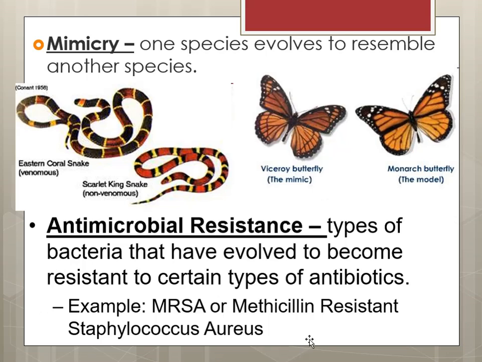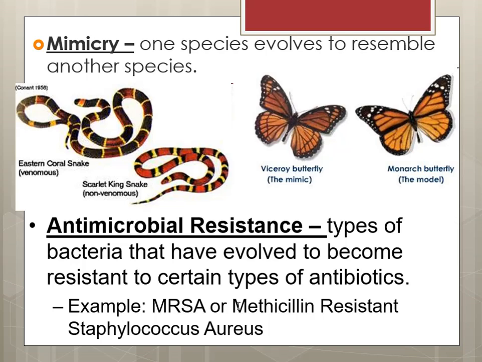And then the last one is one that's come about in the last probably 25 years or so, antimicrobial resistance. Basically, this involves bacteria that have evolved to become resistant to antibiotics, which is a huge medical concern. When I was in college, MRSA and SARS were a big thing.